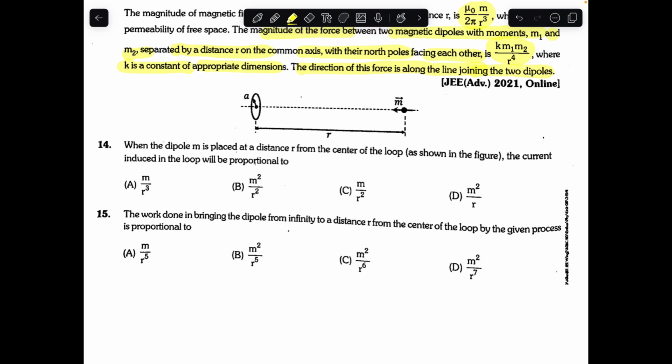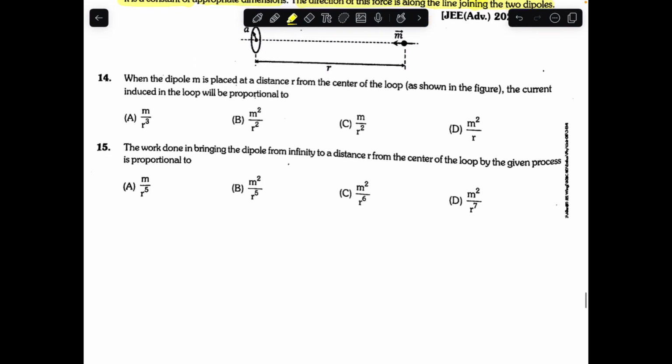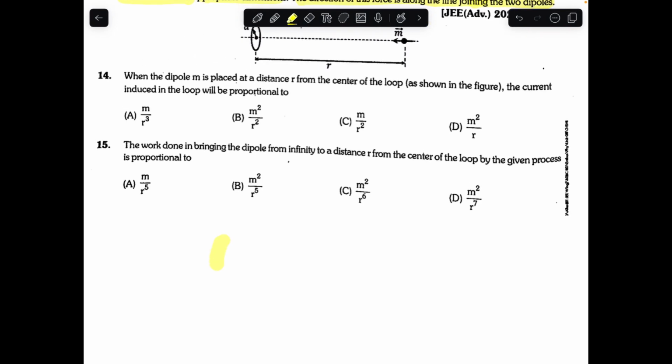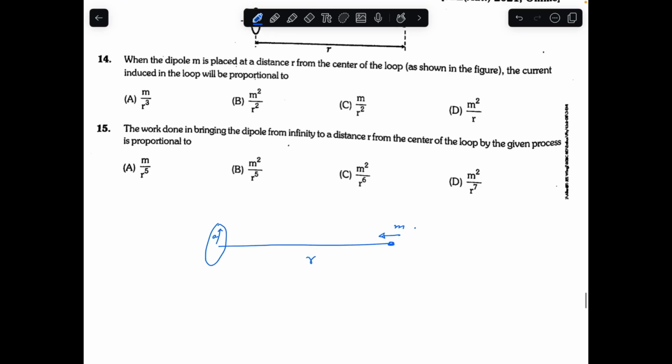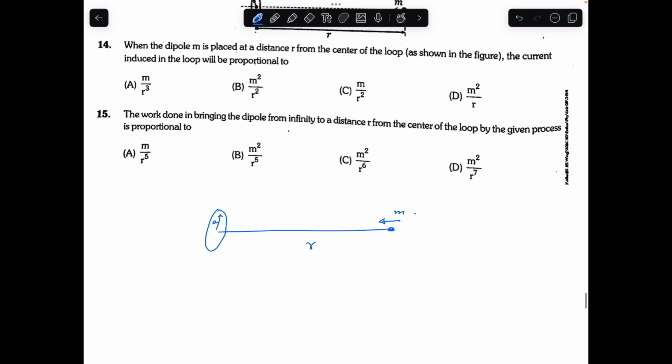When the dipole M is placed at a distance R from the center of the loop, the current induced in the loop. Okay, so this is the loop. This is the loop of radius A at a distance of R. There is a small dipole moment of M. When the dipole is placed at a distance R from the center of the loop, the current induced.